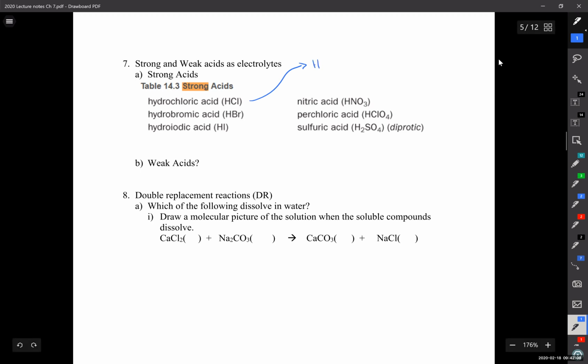So I have HCl, aqueous. I put it in water. Actually, I'll just leave the water out for now because that's for later. And then it becomes H plus aqueous and Cl minus, also aqueous, and this is 100% dissociation.